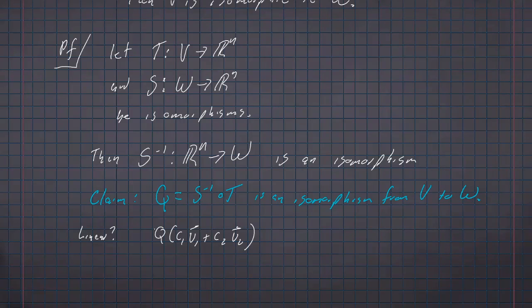Right? Well, to show something is linear, we evaluate it on a linear combination. And because Q is a composition, this is S inverse of T of C1V1 plus C2V2.